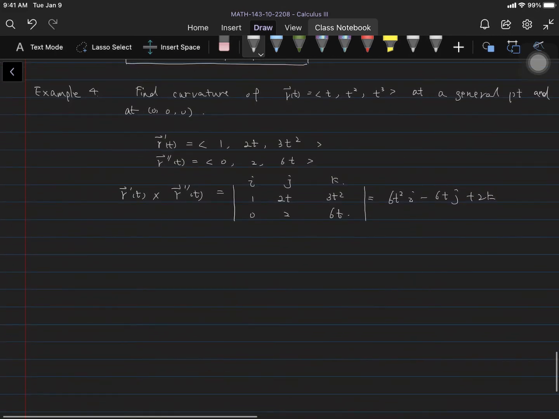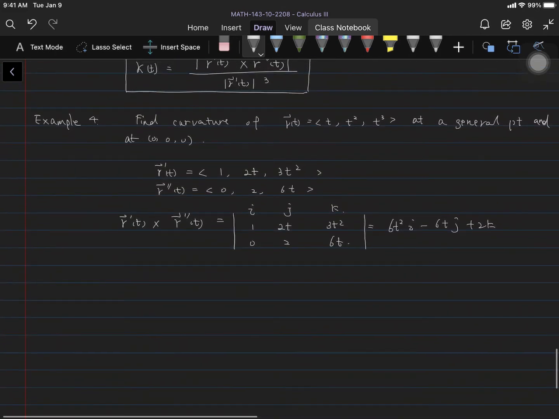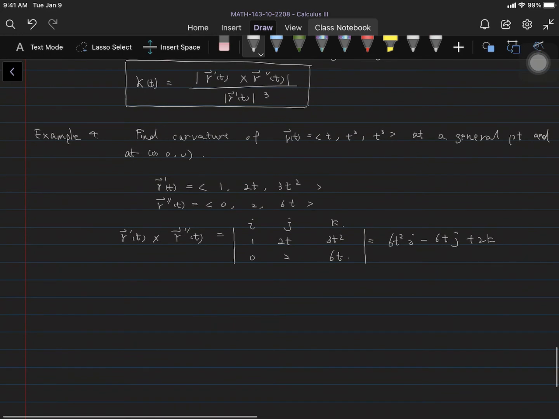Not difficult, right? For the curvature, we need the length of this cross product, which is the square root of (6t squared) squared, plus (6t) squared, plus 2 squared.